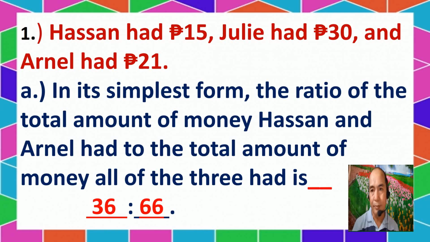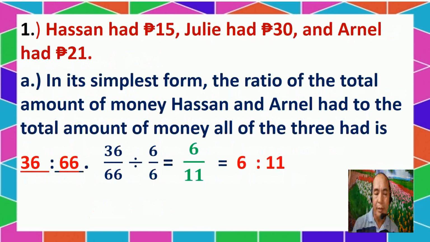So let's perform now and let's have the example. Okay, since the problem says we will have the ratio in its simplest form, then we will have to reduce the ratio. How to reduce the ratio? The same as what we did in the fraction. You will have to find the greatest common factor of 36 and 66, so that we will be able to use this in dividing the two quantities.